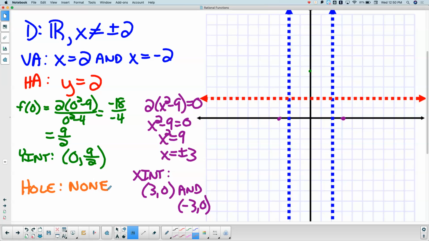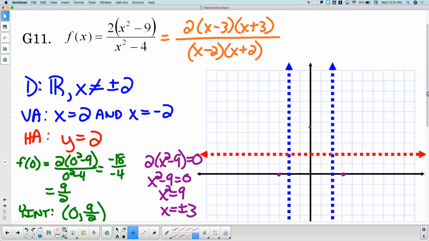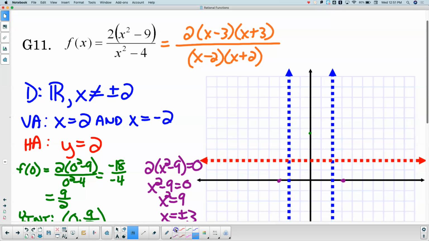No hole to put on there. Okay. So, yeah, let's get back up here. And then let's go here. So we've got, already got 3. So then let's go with 4.